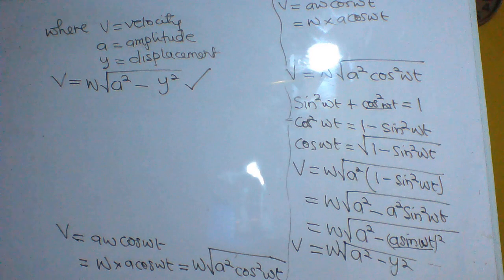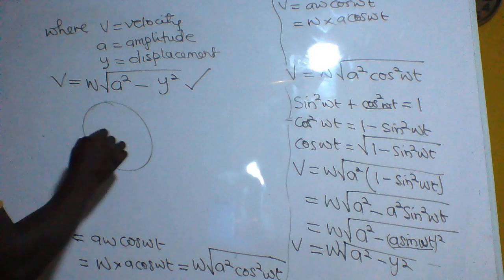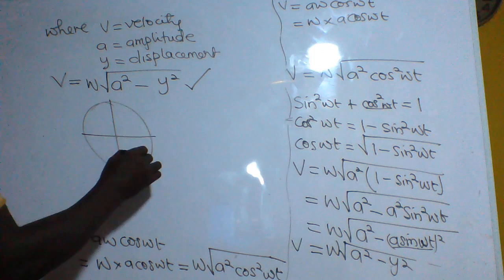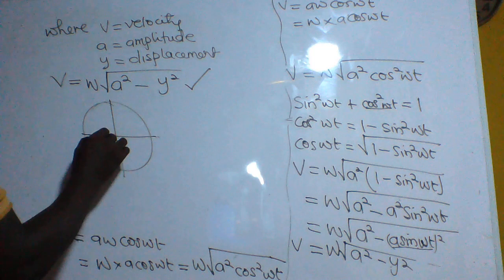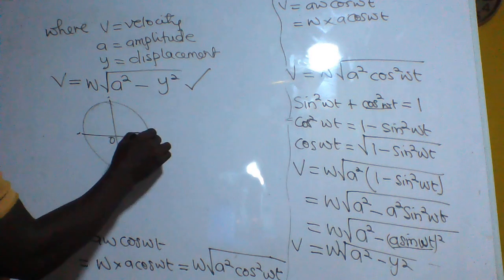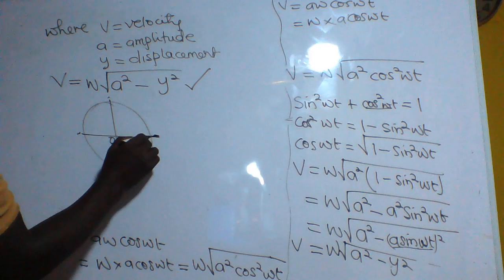Okay, all right. Here, let's look at where the minimum and then the maximum velocity would occur. Just as we saw, it will occur at those same points, over here and then over here. We saw that the velocity is maximum when crossing the mean point or the fixed point.